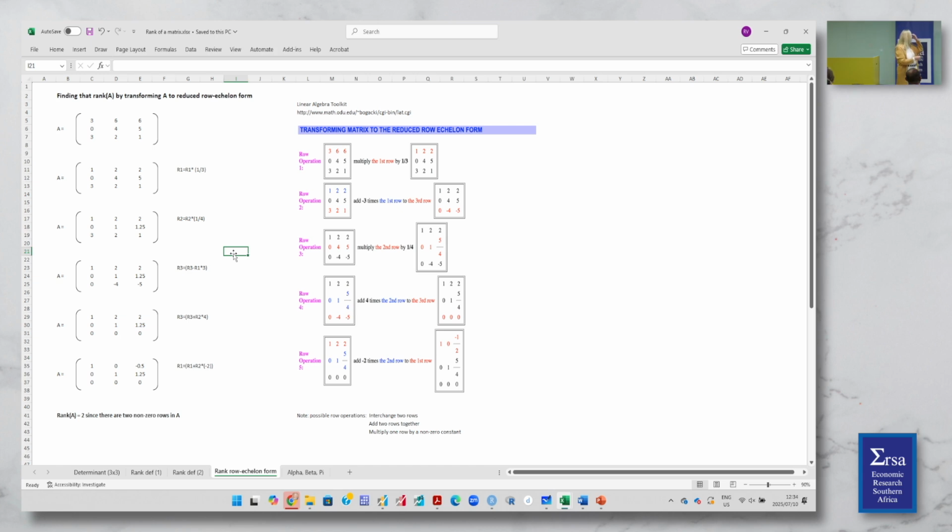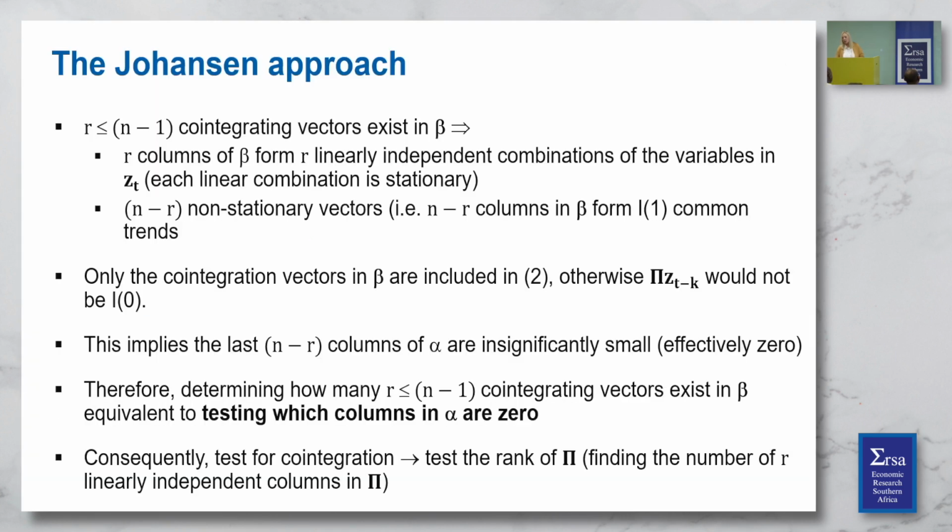Or, yes, I just put it into some kind of toolkit to arrive at the same result. So this is what happens inside, to help us decide how many vectors there are.